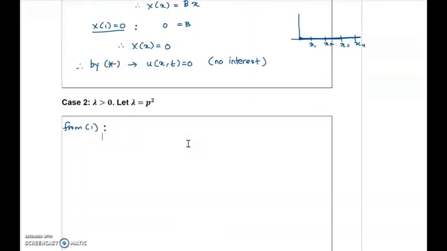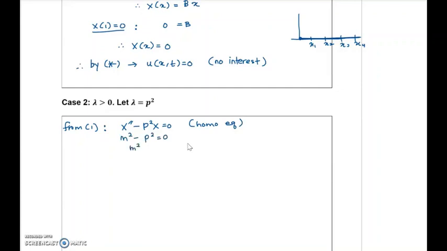Lambda is p square. So from equation 1, we are going to have x double prime minus p square x equal to 0. Again, this is a homogeneous equation. To solve that equation, we do m square minus p square equal to 0.